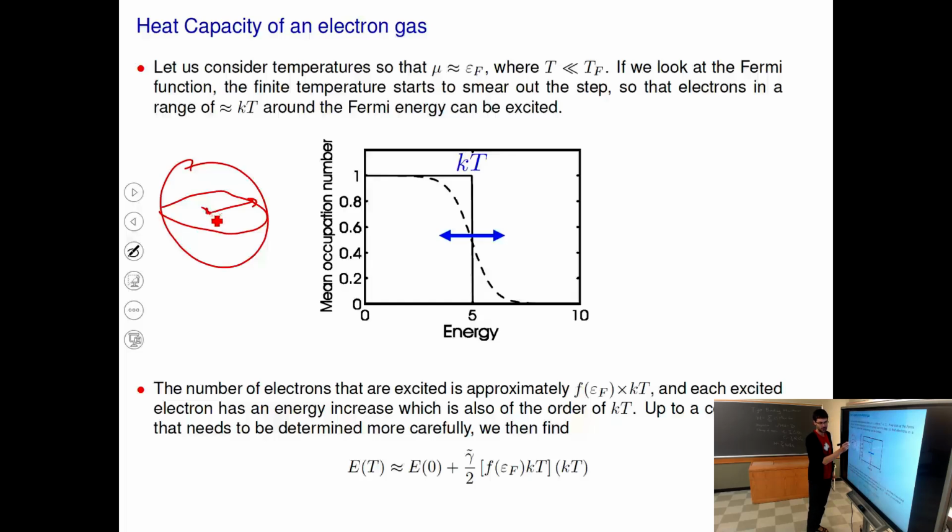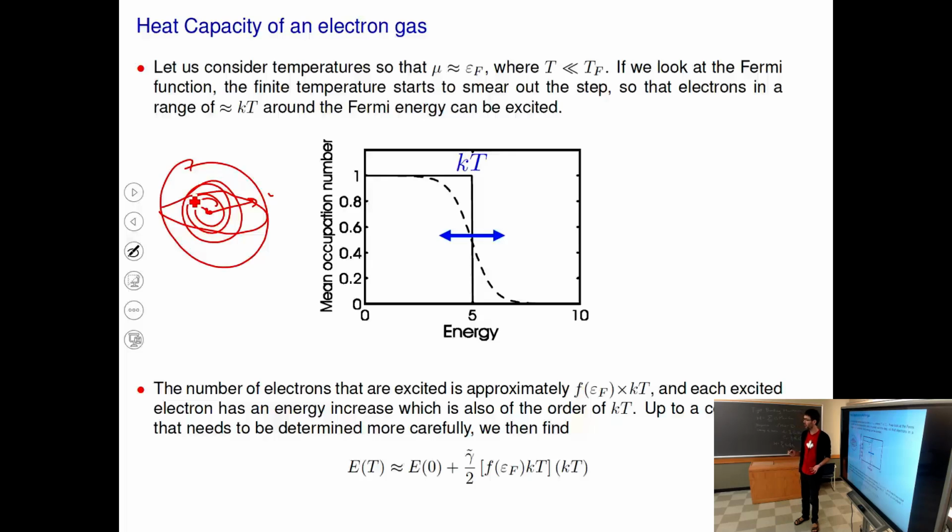And the point is, if you are stuck here in the center of the sphere and you want to go outside the sphere, you need to cross this distance radius r, and you remember that radius r is an energy. That's the Fermi energy, and that is 80,000 Kelvin. So all these occupied states here in the middle of the sphere are not going anywhere.